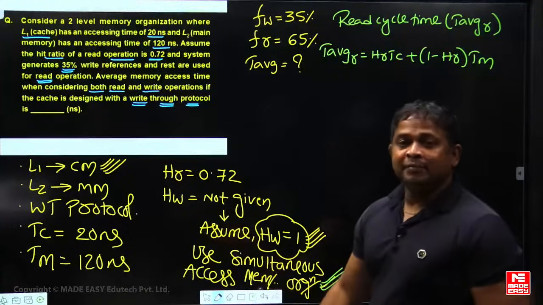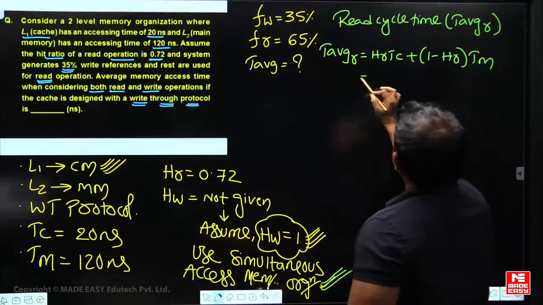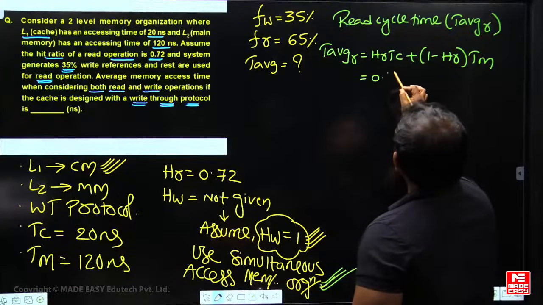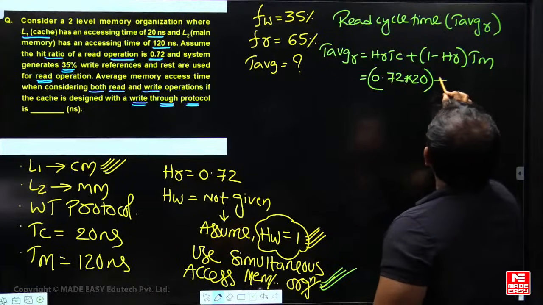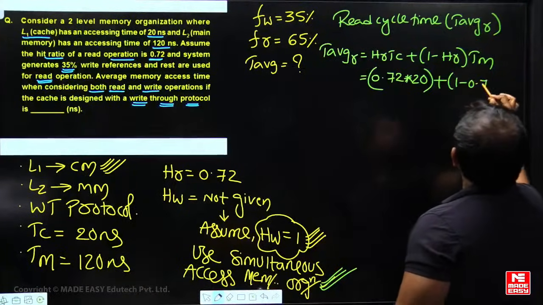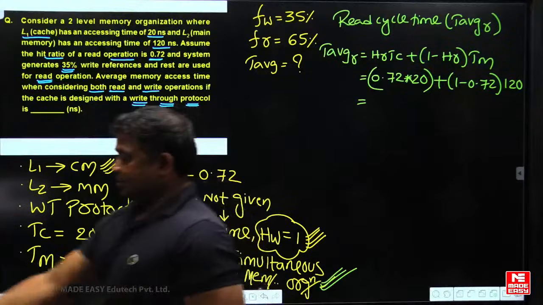In simultaneous access memory there is no level to level communication. Okay? So now 0.72 into 20 plus 1 minus 0.7 into 120. Calculate.